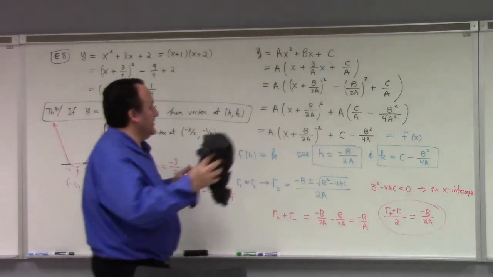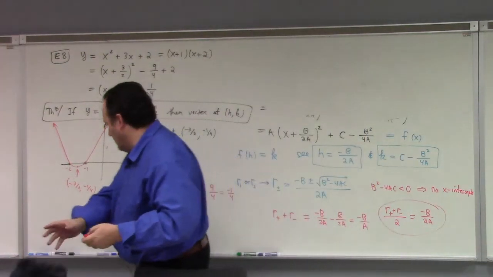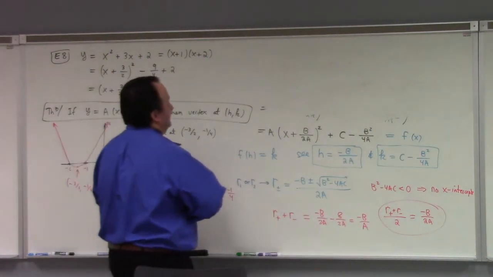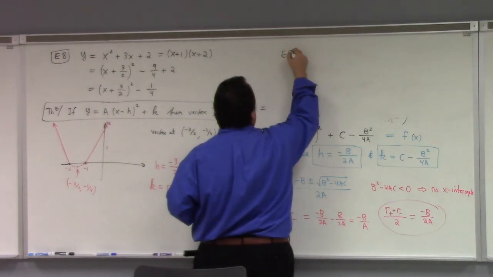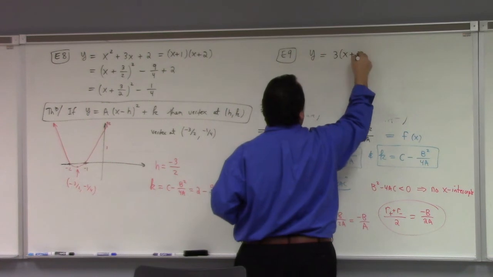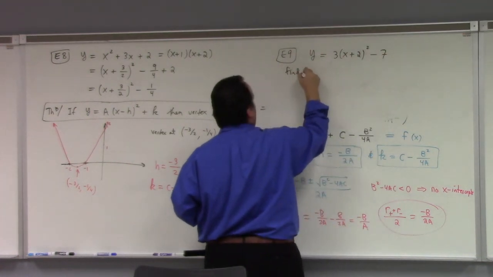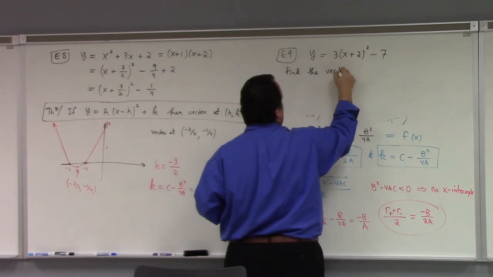One final example for today. Sometimes your professor is nice to you and does something like y is equal to 3 times x plus 2 squared minus 7. Find the vertex. Where is it? Can you tell me?